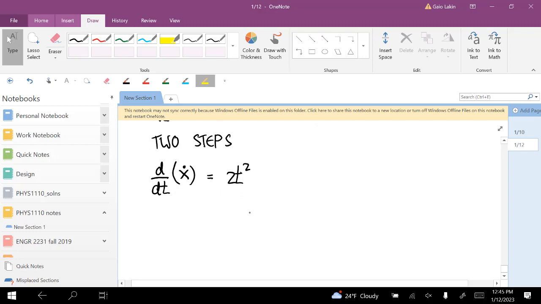And we want to get all the x dot stuff on the left side and all the t stuff on the right side. Now, remember that in order to use separation of variables, you have to have a function of the dependent variable multiplied by a function of the independent variable. The function of the independent variable, t, is obvious there. That's the 2t squared, right? What's the function of the dependent variable in this case?